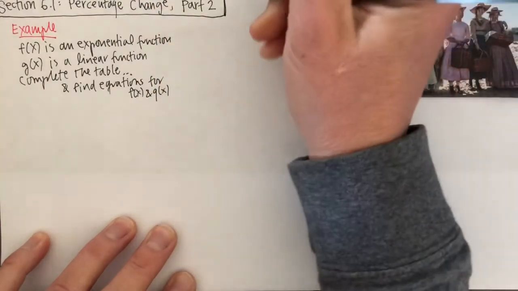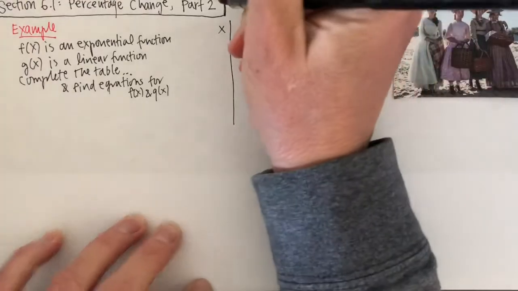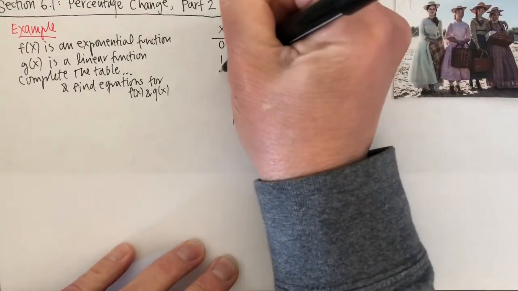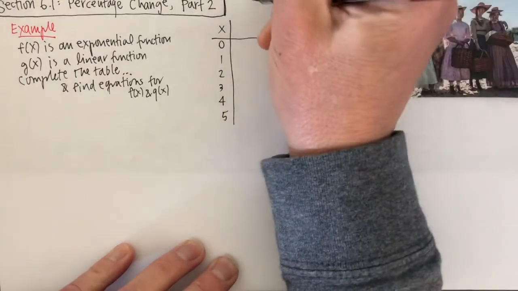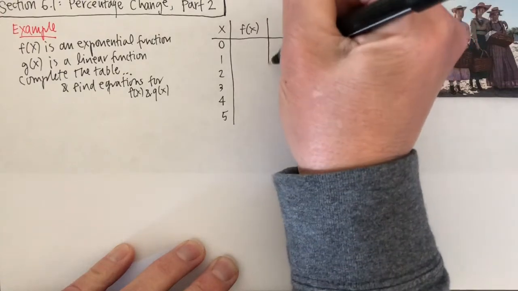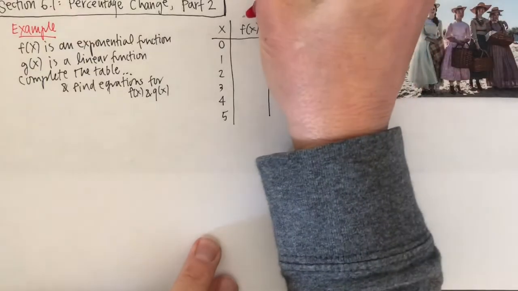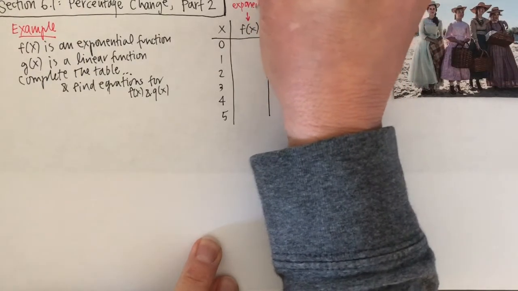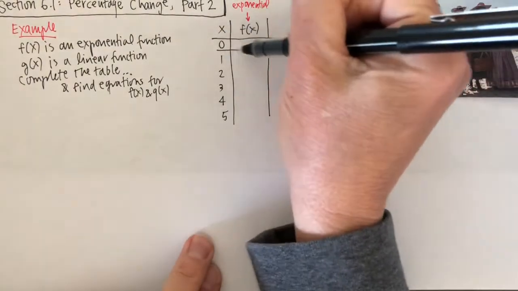Okay, so here's the table. I have my input values, x, and we're going to go from 0, 1, 2, 3, 4, 5. And then I've got f of x. Remember, this is my exponential function. And I don't know all the values of f of x, but I know some of them.